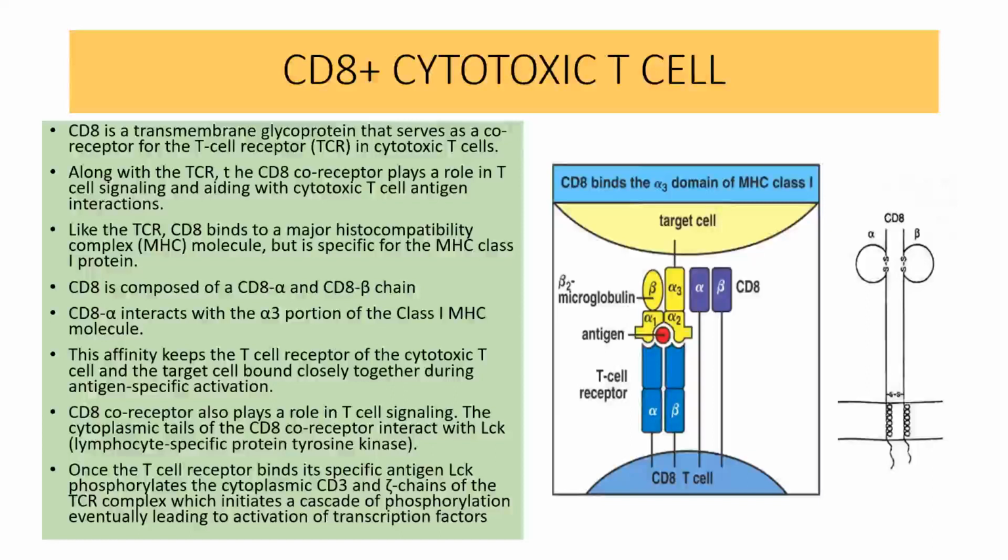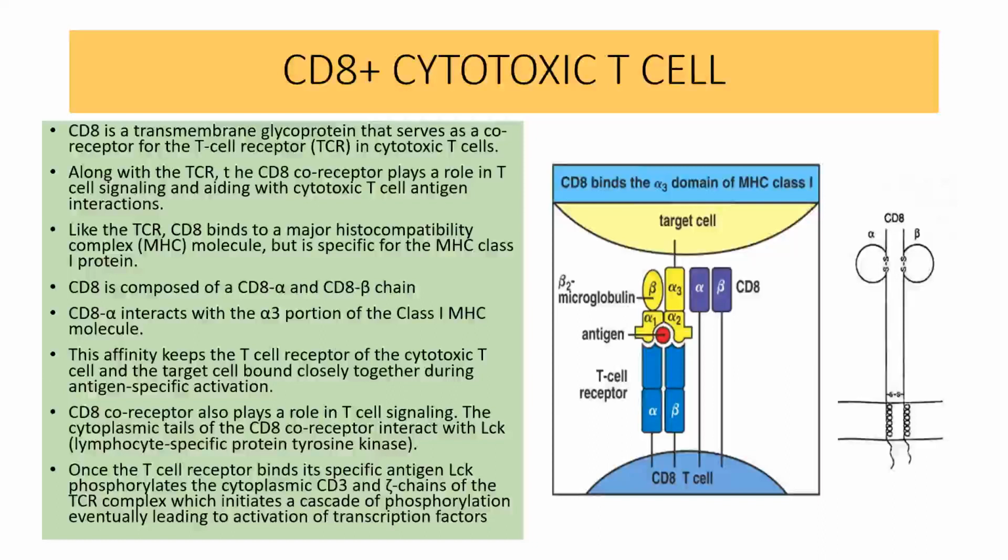Both chains have a transmembrane segment and tail also. Like the TCR, CD8 binds to the major histocompatibility complex molecule, that is MHC class 1. So CD8 binds with MHC class 1, which is present on all nucleated cells.